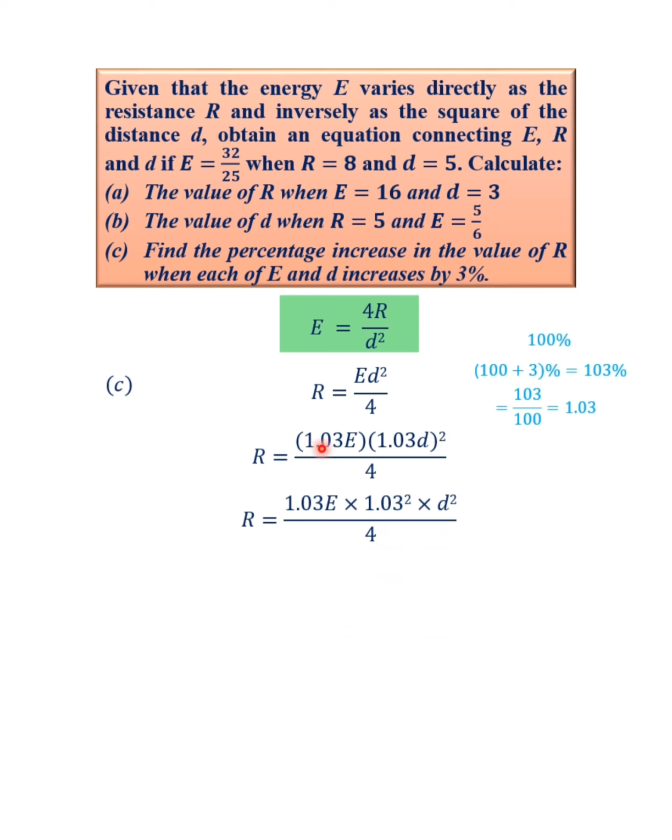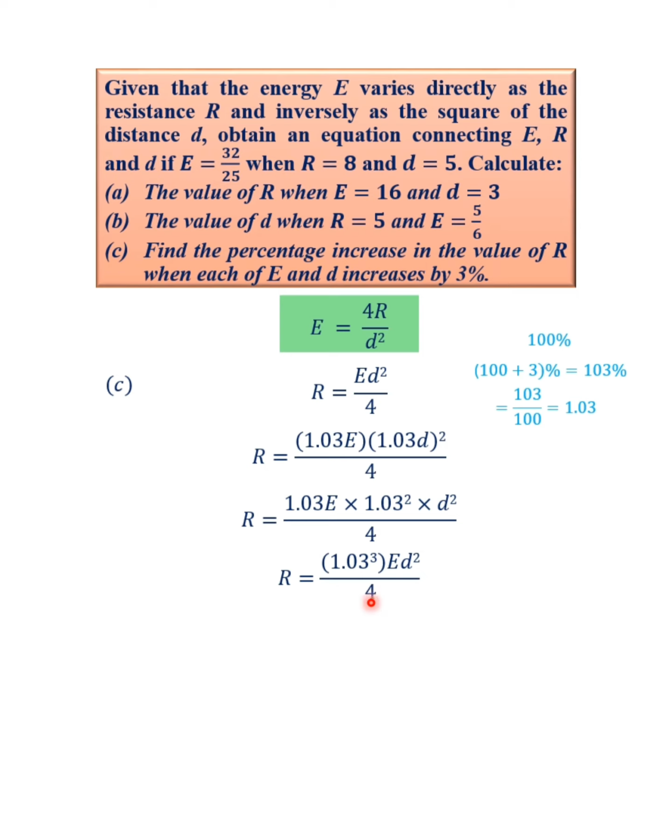So we have 1.03E times 1.03 squared times D squared. Remember the square distributes across 1.03 and D, so we can split it like this. Now we have 1.03 here, and we also have 1.03 here. So both of them can combine to give us 1.03 raised to power 3, because 1 and 2 added up gives us 3, according to the law of indices. And we have E times D squared all over 4.